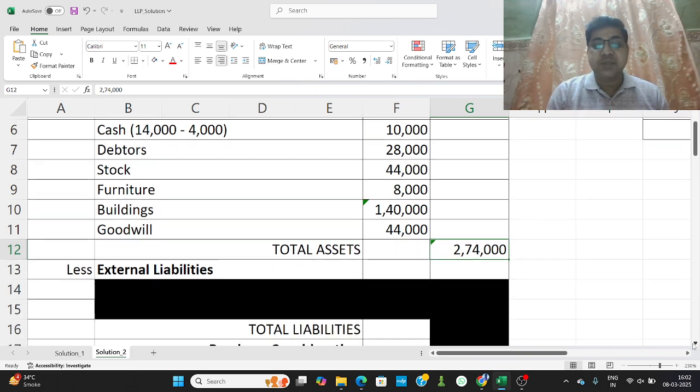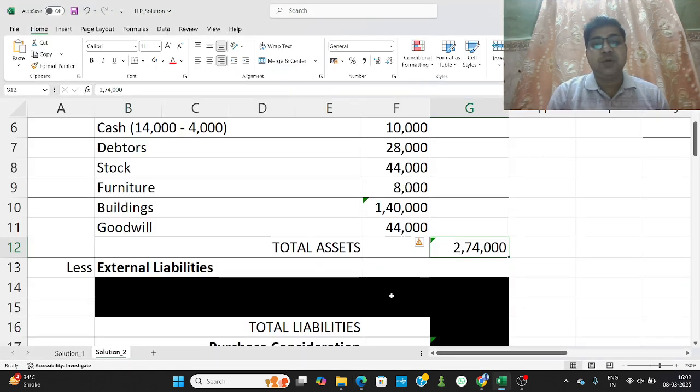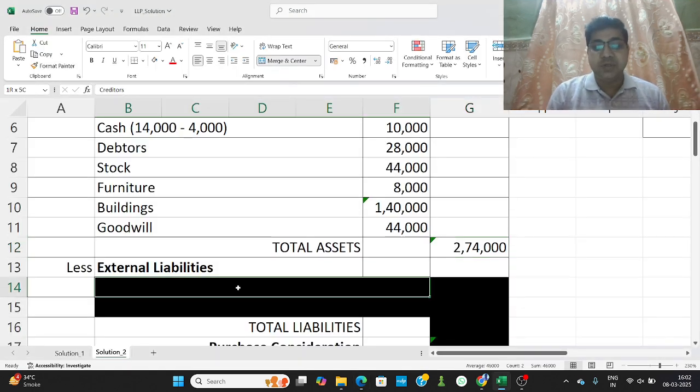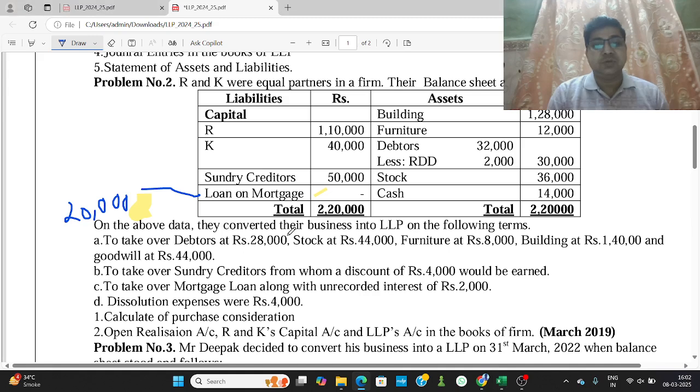We have to deduct the external liabilities. In our problem, they say to take over the sundry creditors, from whom a discount of rupees 4,000 would be earned. Sundry creditors were 50,000, and from this there is a 4,000 discount, so we record it after deducting the discount: 50,000 minus 4,000 gives 46,000. Then, to take over the mortgage loan along with the unrecorded interest of 2,000.